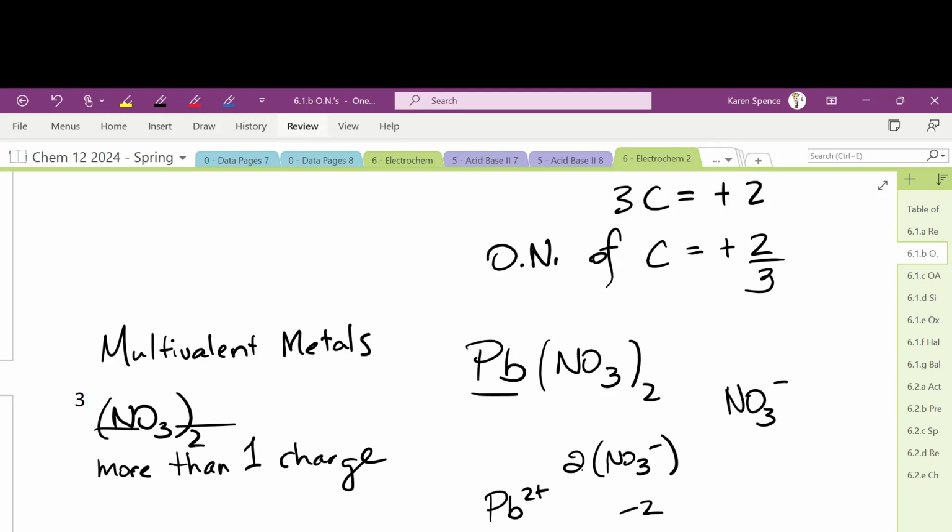So the charge is like... Is S one of the rules? Is S in the rules? No, no sulfur. So you don't know sulfur. So what are you gonna do?